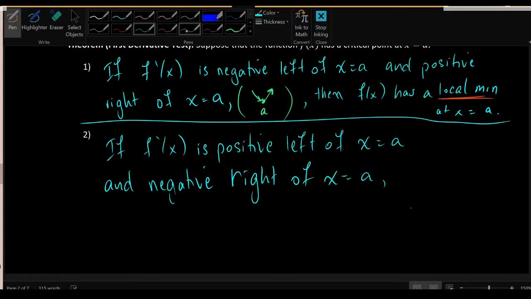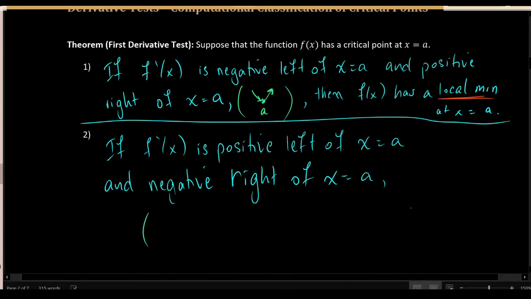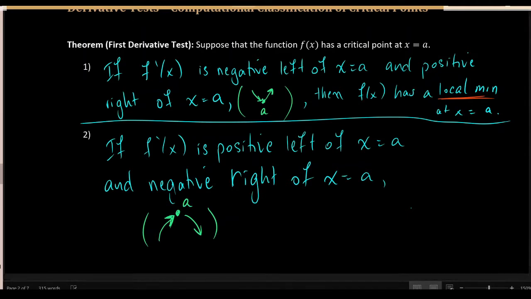So in that situation, what is the function f of x doing? f prime is positive to the left of x equals a, so the function f of x is increasing on that region. And f prime is negative to the right of x equals a, so the function would be decreasing on that region. So graphically we can tell that the location x equals a should in this case correspond to a local maximum.